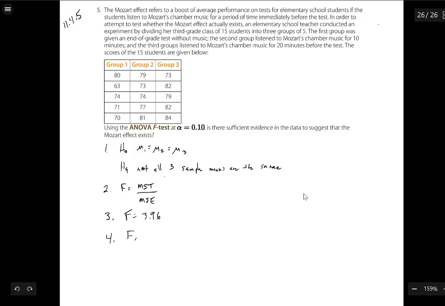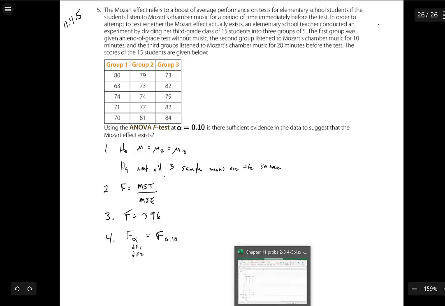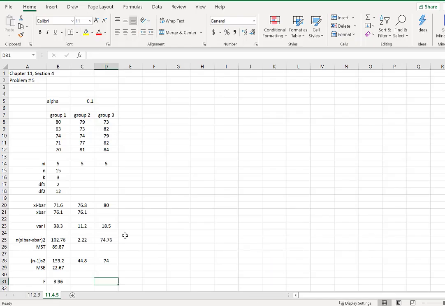So this is going to be F, and alpha was that 0.10. We calculated back in the Excel sheet that degrees of freedom 1 was k minus 1, that was 2, and degrees of freedom 2 was n minus k, so 15 minus 3, that was 12. So my degrees of freedom are 2 and 12.